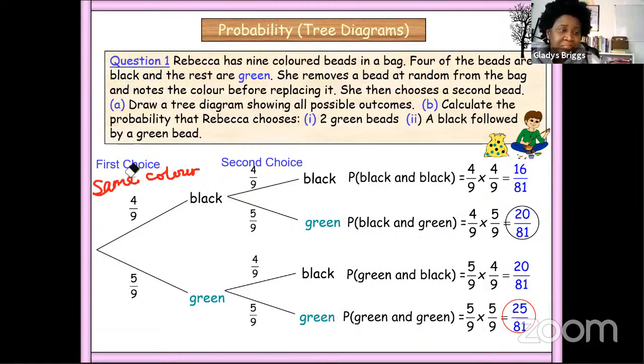What about the probability that it is not green? The probability that it is not green, not choosing green at all.